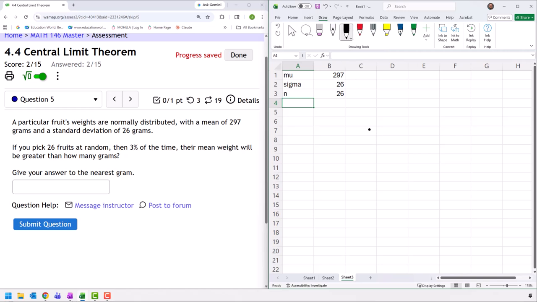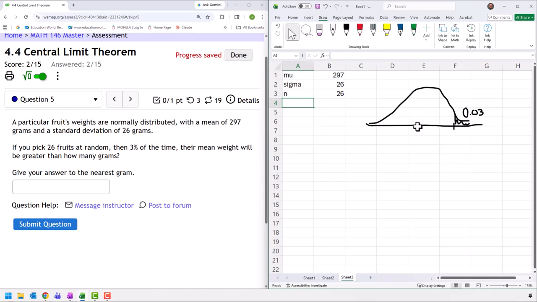Okay, so we got a picture here, and this can be a little bit confusing: 3% of the time their mean weight will be greater than how many grams? So we're going to have a little cutoff here, and this over here is the 3%. And remember, our Excel function always needs us to input the area to the left.